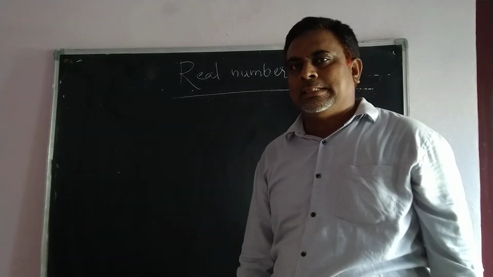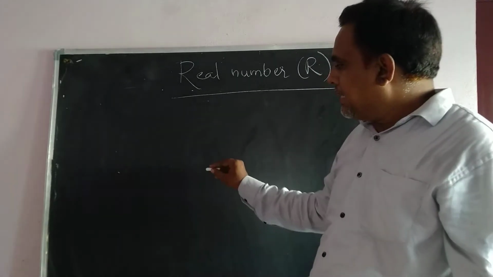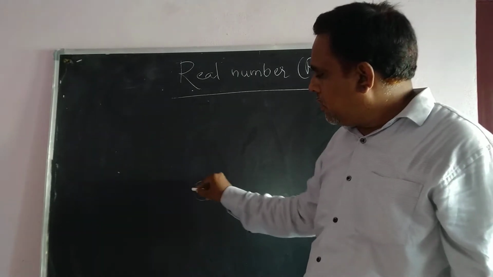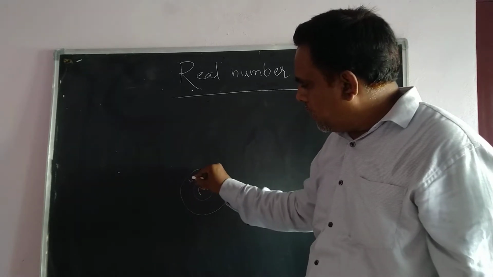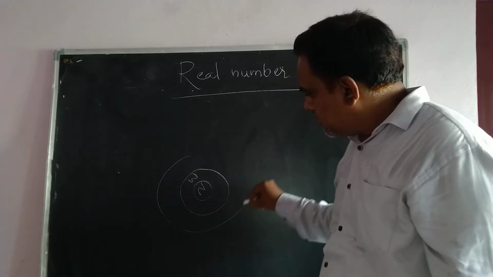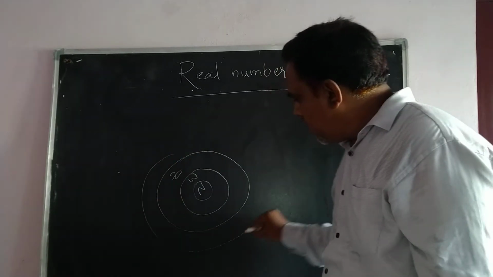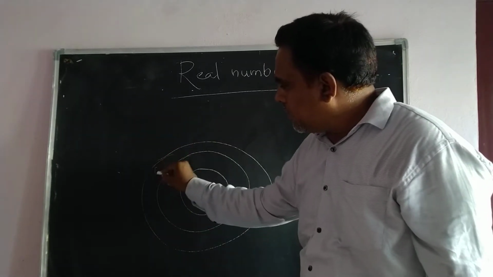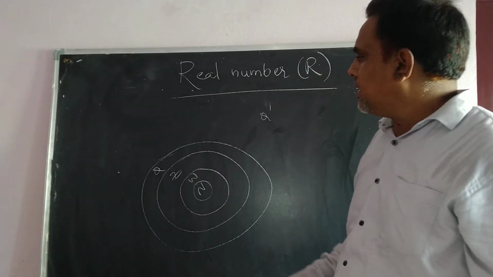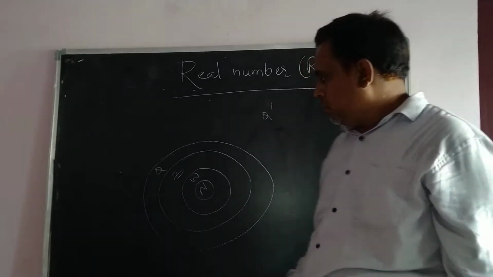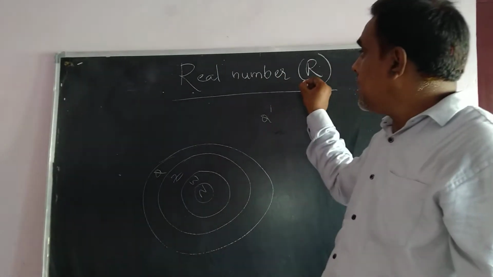It consists of the set of natural numbers, whole numbers, integers, rational numbers along with irrational numbers, that is represented with Q dash. These real numbers are represented with capital R.